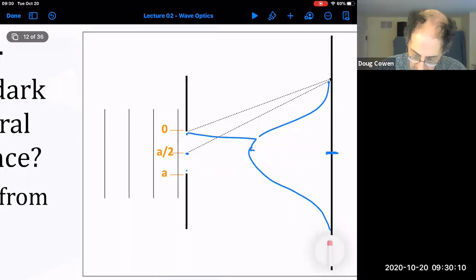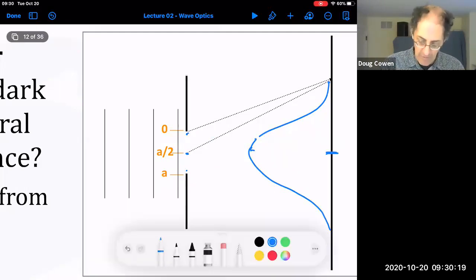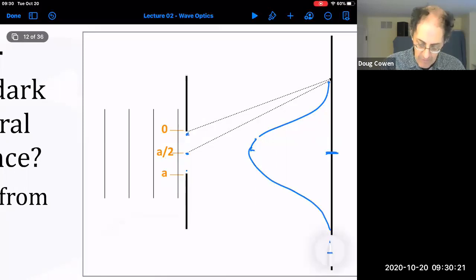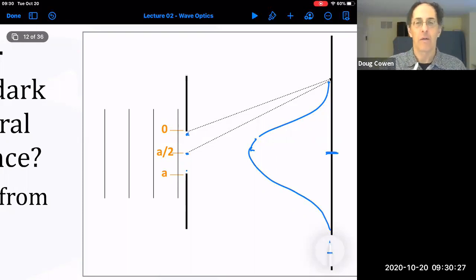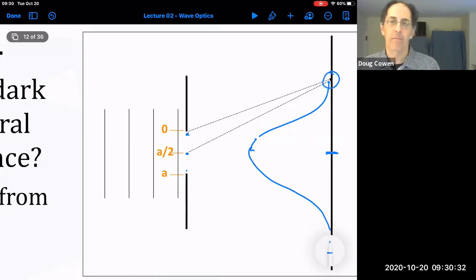If we look at one pair of these emitters shown with the two remaining blue dots here, the light that comes from those two blue dots travels along the two dashed lines to some point over here on the screen.